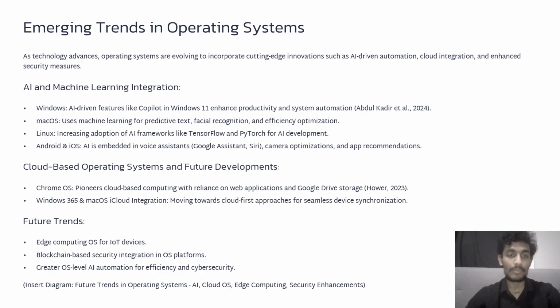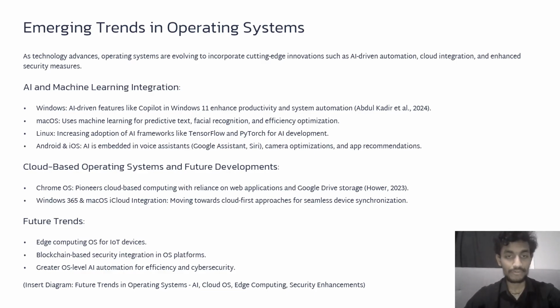Linux is increasingly optimized for AI frameworks like TensorFlow and PyTorch for AI development. In Android and iOS, AI is embedded in voice assistants like Google Assistant and Siri, camera optimizations, and app recommendations.